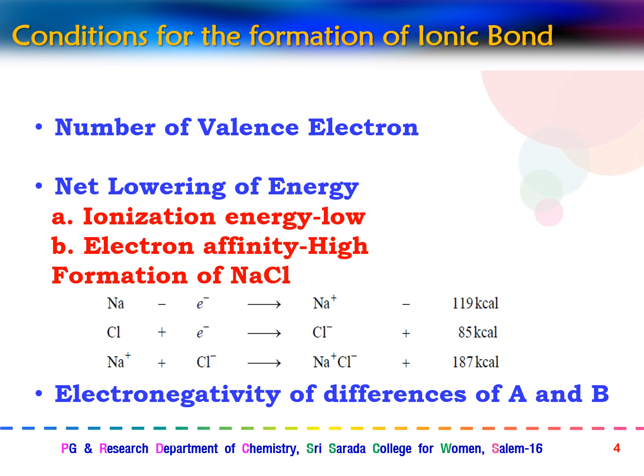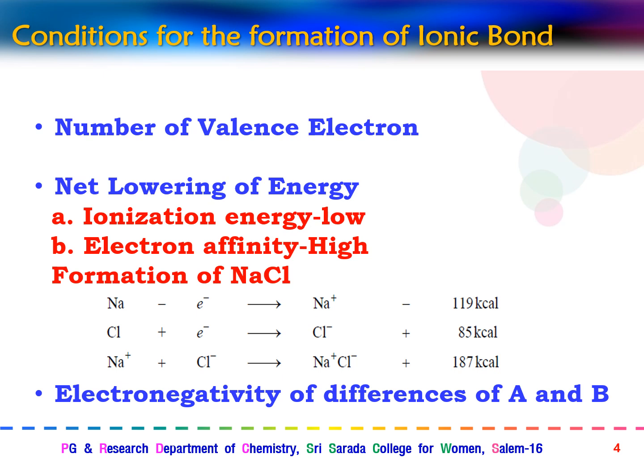The second one is the net lowering of energy. To form a stable ionic compound, there must be a net lowering of energy. That is, energy must be released as a result of electron transfer in the formation of the ionic compound. The first one, the removal of an electron from the sodium atom, requires input of energy, which is called ionization energy.